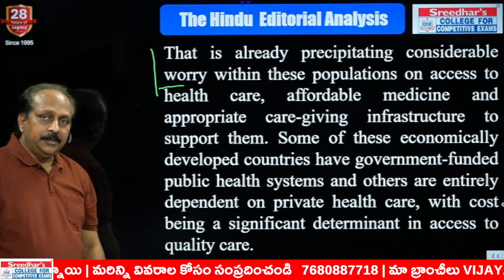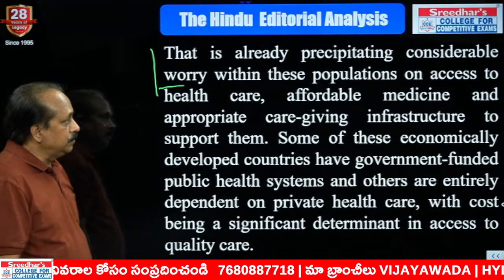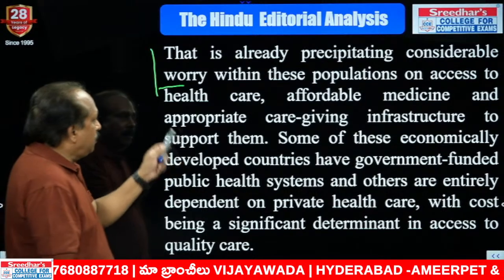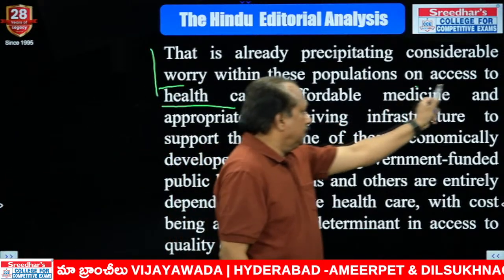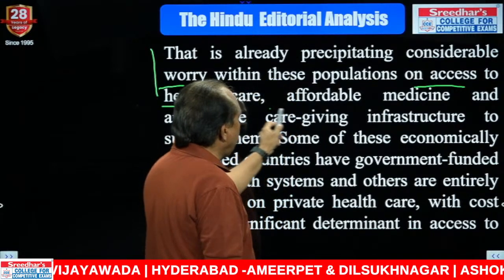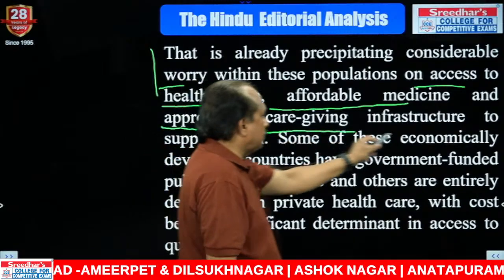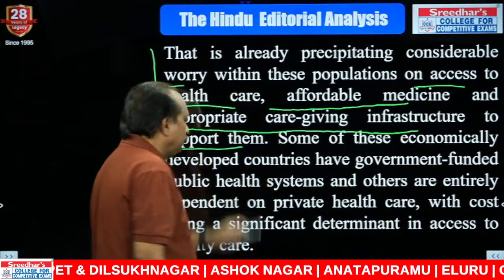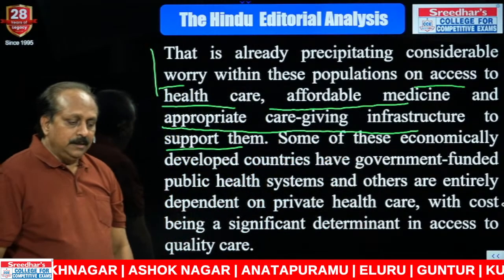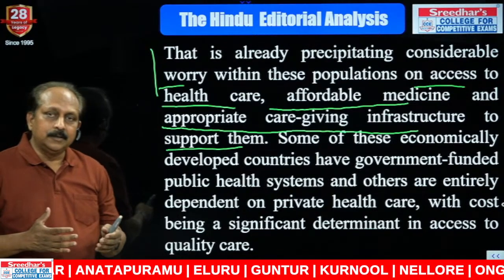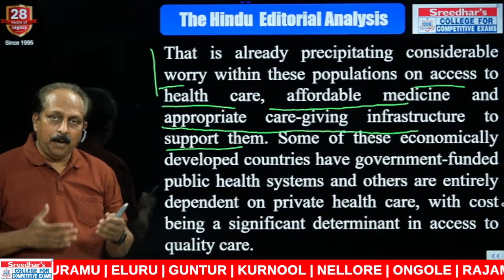Considerable worry within these populations. That means aging people, those who are 65 plus. And what are the worries related to? First, access to healthcare. Second, affordable medicine. Third, appropriate caregiving infrastructure to support them. This talks about the worries or apprehensions of senior citizens, especially those who are 65 plus.